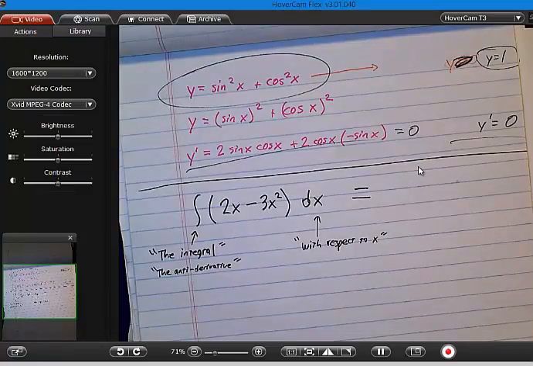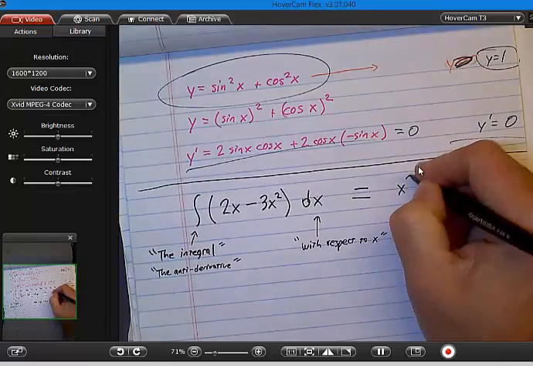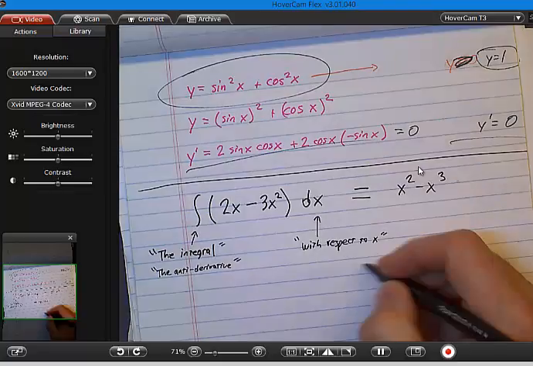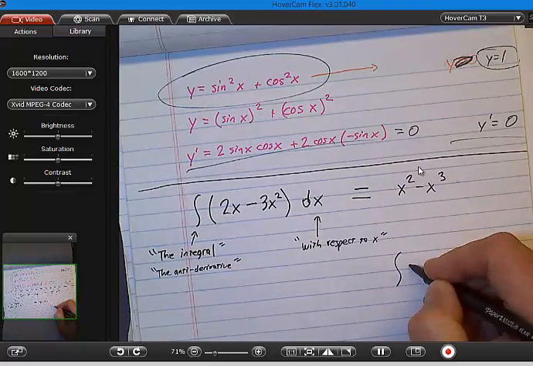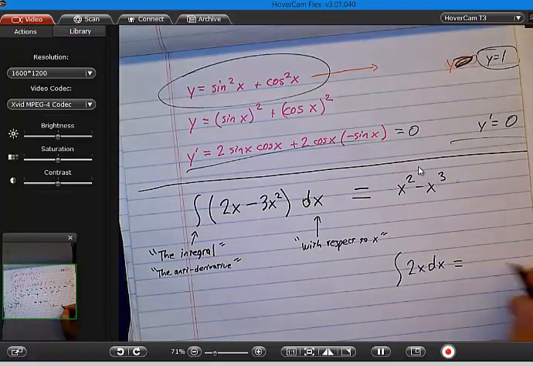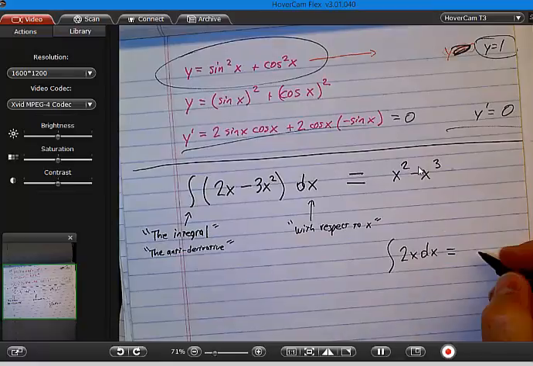Right. So you guys got x squared minus x cubed. And do I know what that graph looks like? Not exactly. But suppose I gave you guys just the antiderivative of 2x dx. We would write that the answer is x squared.